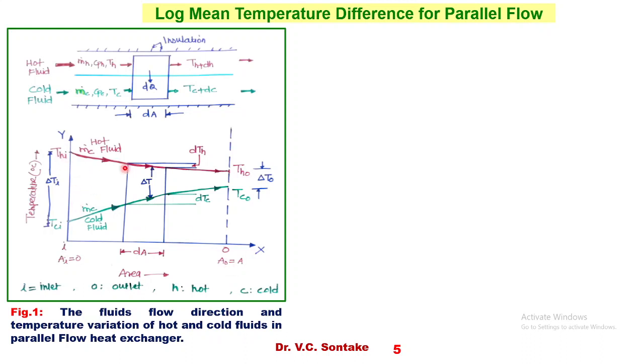As a result of heat transfer between hot and cold fluid, the temperature of hot fluid decreases from Thi to Tho, and the temperature of the cold fluid increases from Tci to Tco.